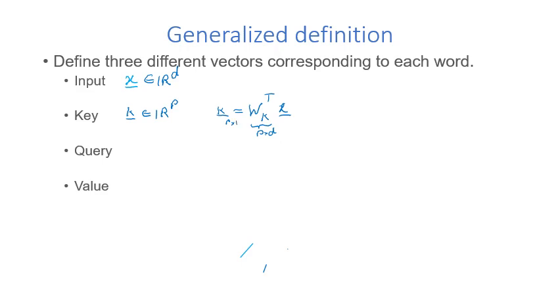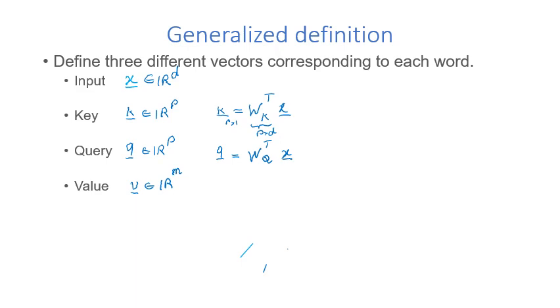So query, the same, is a vector in P-dimensional space, and it's going to be computed through a transformation, again with P by D dimension multiplied by X, and the value is also a vector. This vector could be P-dimensional, but could be different from P, could be M-dimensional.